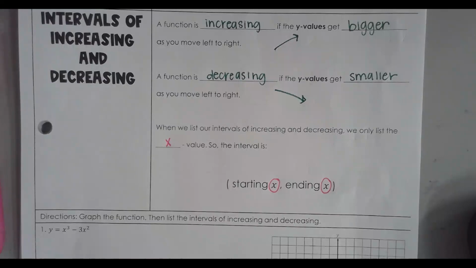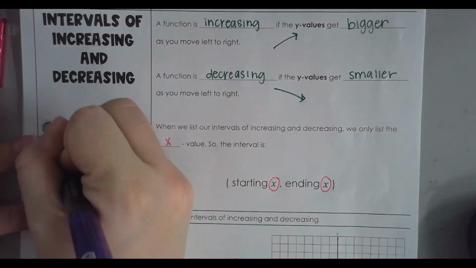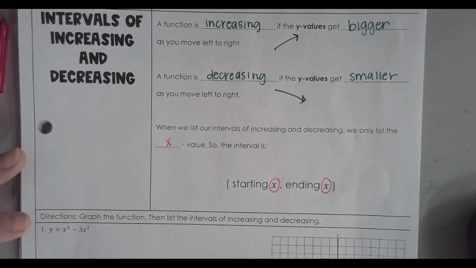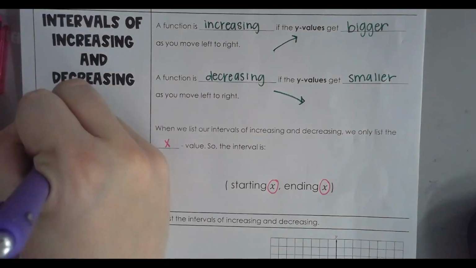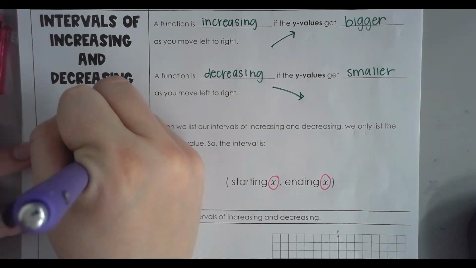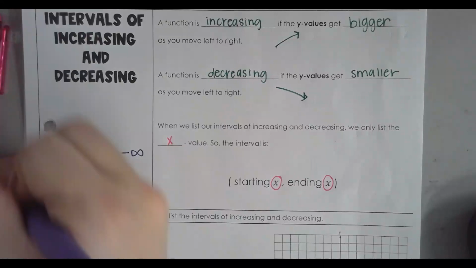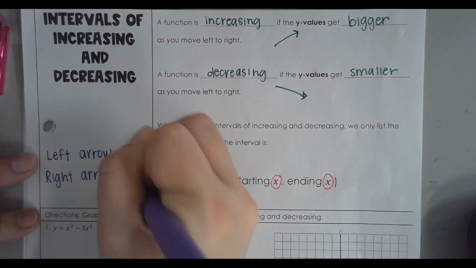Now we know that when we graph some of these, if we have an arrow on the left, we're going to write negative infinity. If we have a right arrow, we're going to put positive infinity.